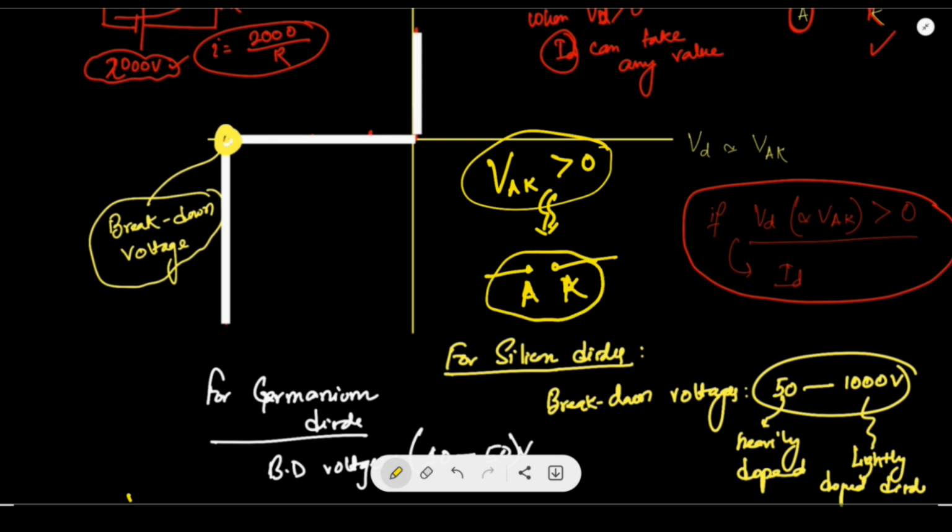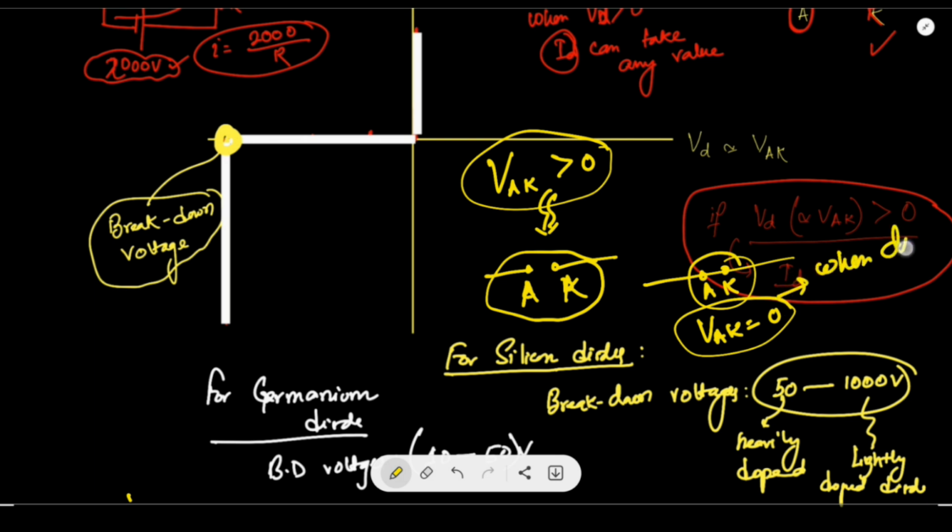If when we open circuit the diode, VAK is greater than 0, that means the diode will conduct, and when the diode starts conducting, then VAK will be equal to 0.